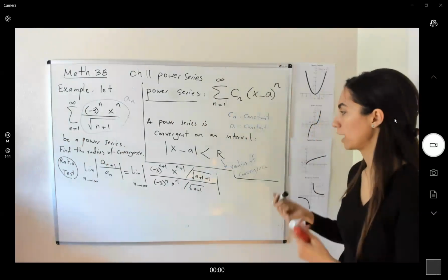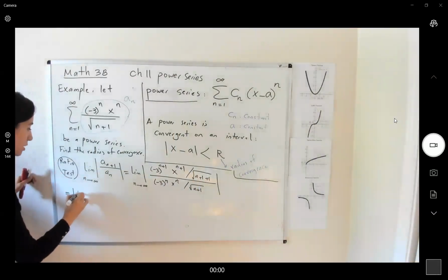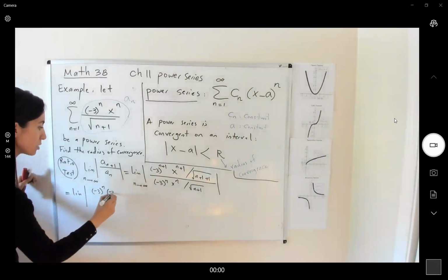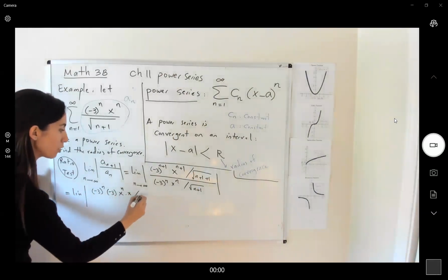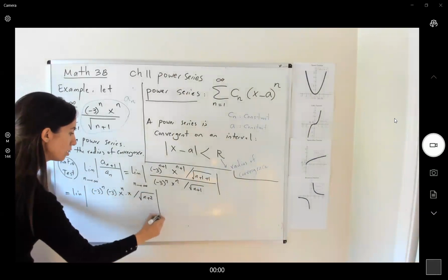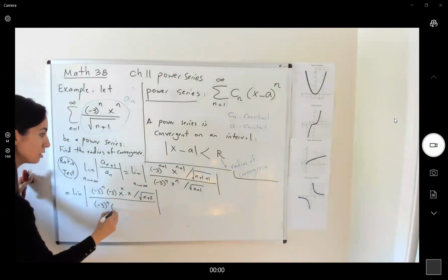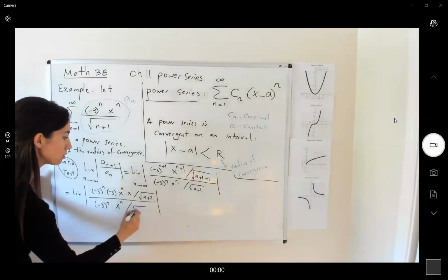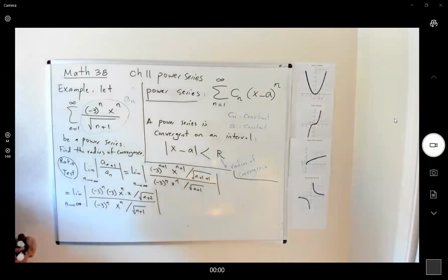There you go. Again, we can rewrite this limit as the limit of the absolute value of -3 to the n times -3 times x to the n times x, divided by square root of n plus 2, the whole thing divided by -3 to the n times x to the n divided by square root of n plus 1, and n goes to infinity.